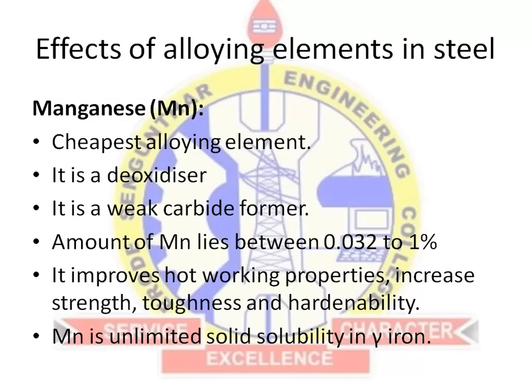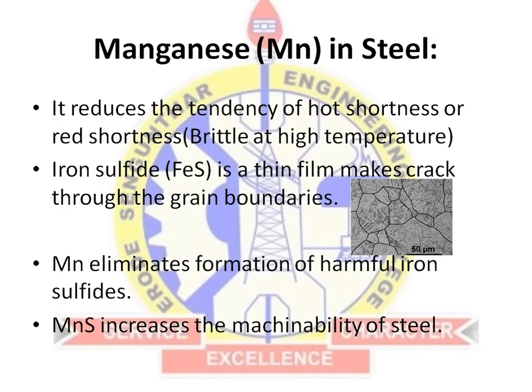Manganese has unlimited solid solubility in alpha iron. Next, it reduces the tendency of hot shortness or red shortness, which is brittleness at high temperature.